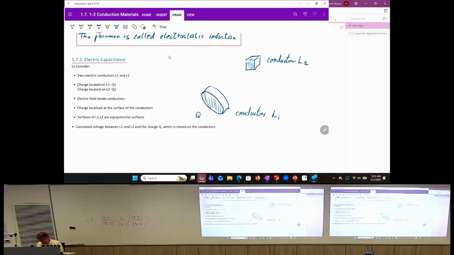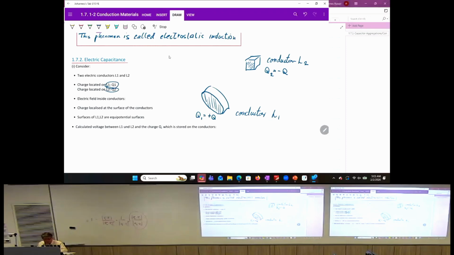Then you put charges on these. On this one you have a charge Q1, which happens to be plus Q, and Q2 is on the second conductor, which is equal to minus Q. So the charge located on conductor L1 is called Q1, and the charge located on conductor L2 is Q2.